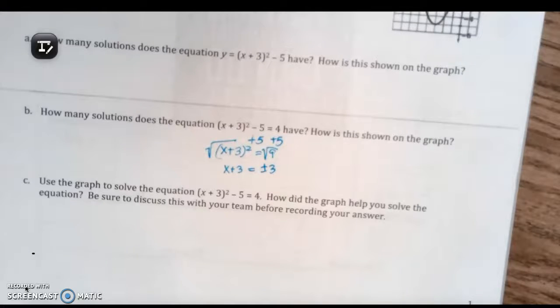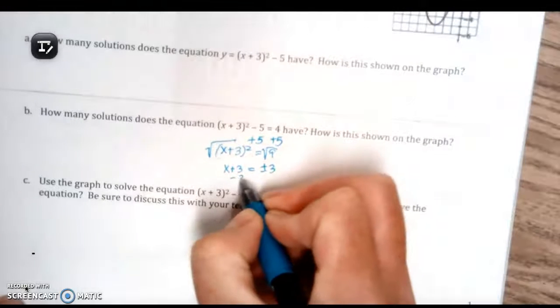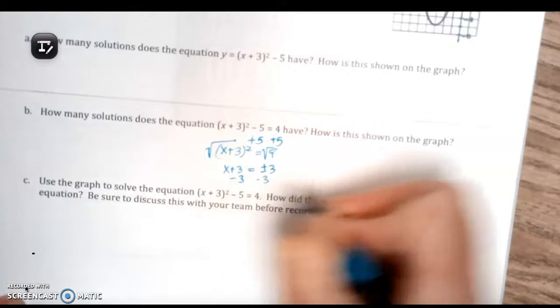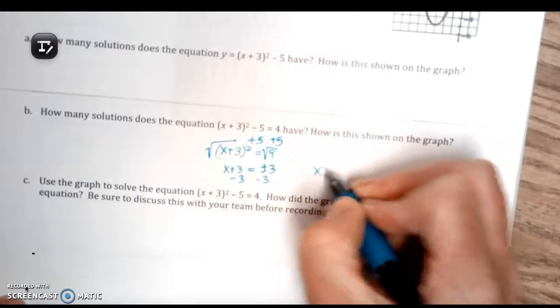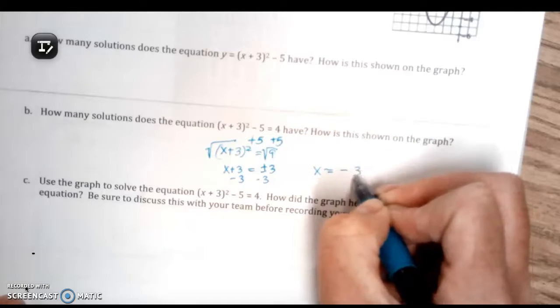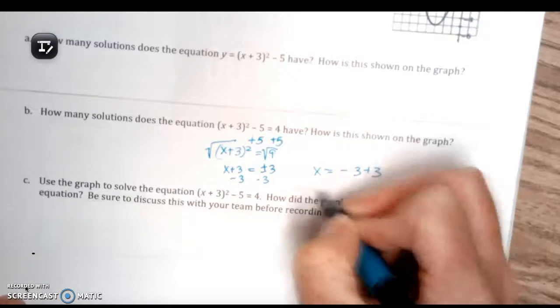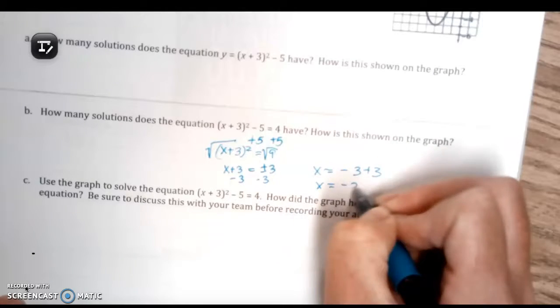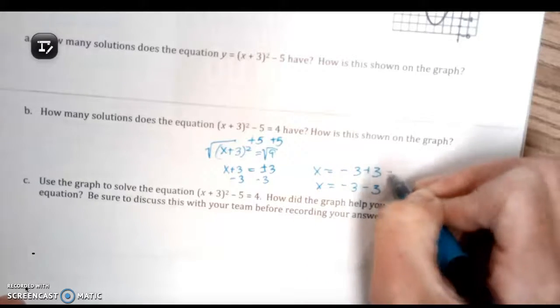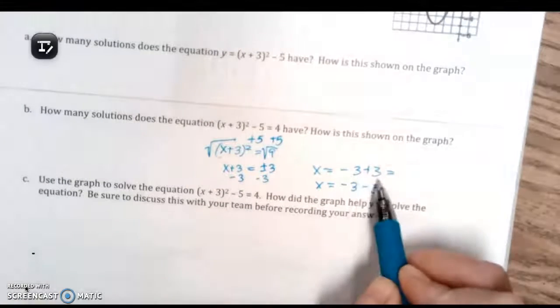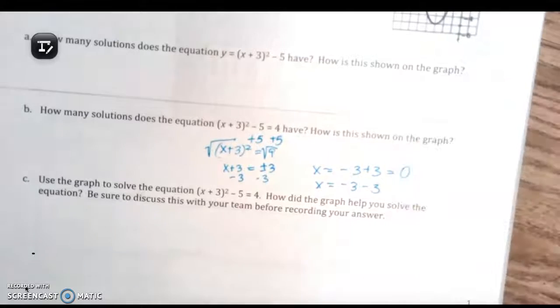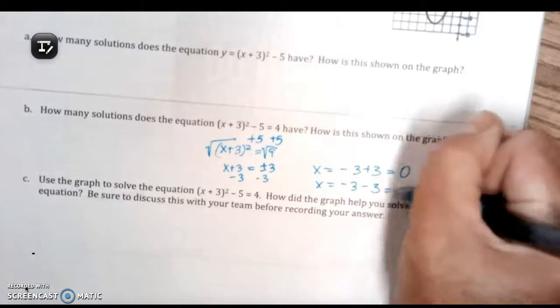And this is how you get your two answers. You're going to subtract the 3. So you have x equals negative 3 plus 3, and x equals negative 3 minus 3. Negative 3 plus 3 is 0. And negative 3 minus 3 is negative 6.